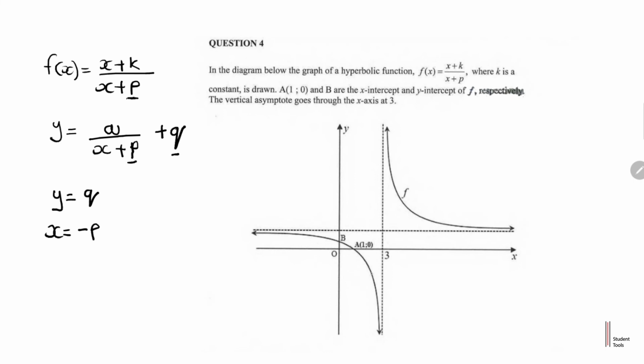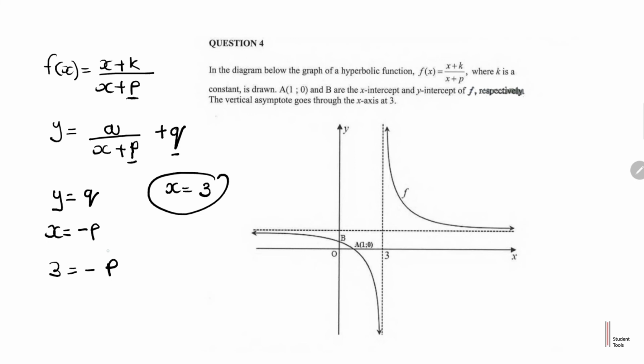And here we want the value of p. We know that the vertical asymptote is x equal to 3, so we can use this value to find p. To find the value of p, we will substitute x with 3. So that means 3 is equal to a minus p.